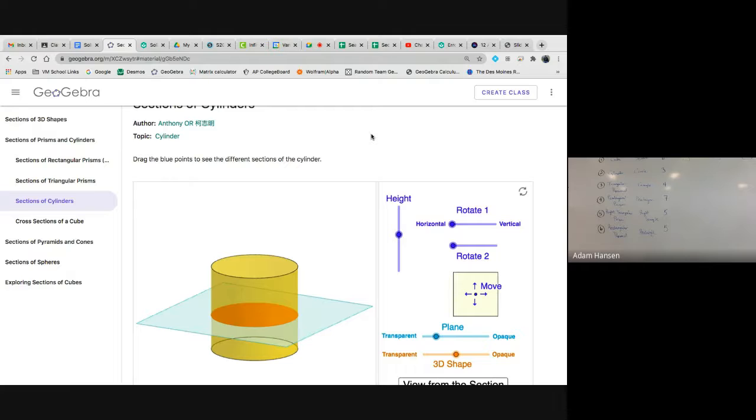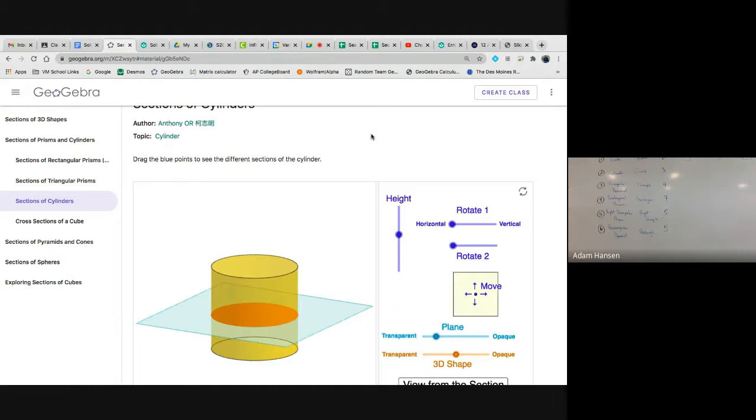cylinders option here. I've got a blue plane slicing through the cylinder. Is it parallel to the base or perpendicular to the base? Why parallel? Two bases are on top and bottom, and I'm between them, right? That blue plane doesn't touch the two circular bases on top and bottom.